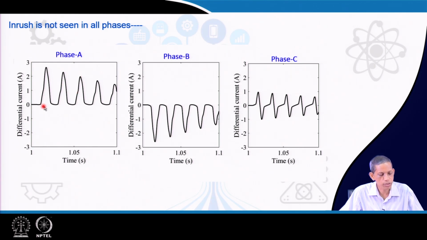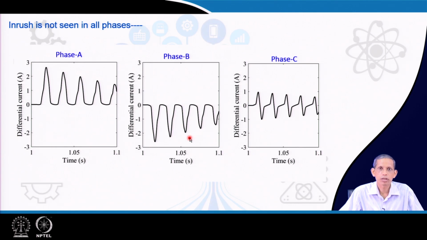Typically, phase A current is in the positive half, and in the negative half you see phase B, and phase C has a very low, normal magnetizing kind of current. So, all phases do not see a large amount of current due to inrush in general.